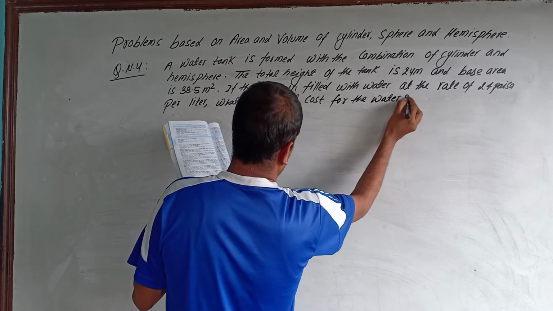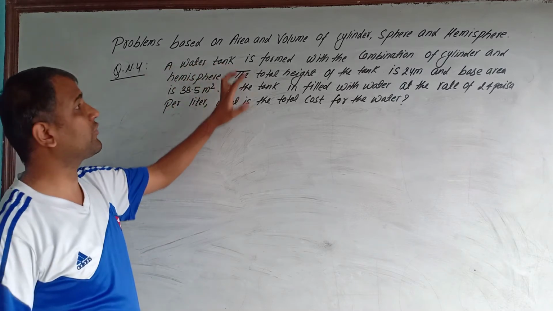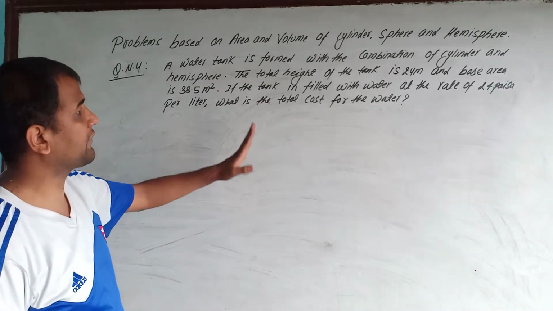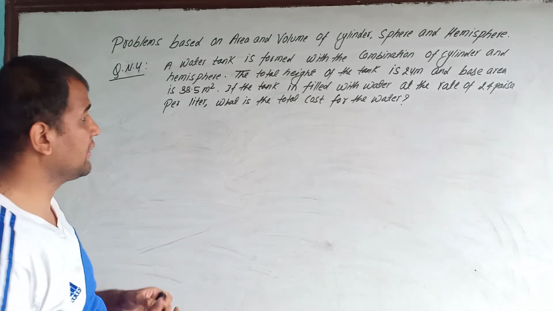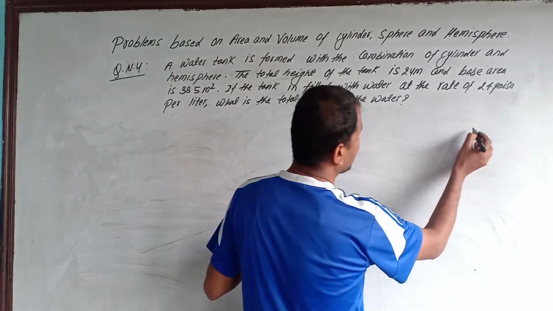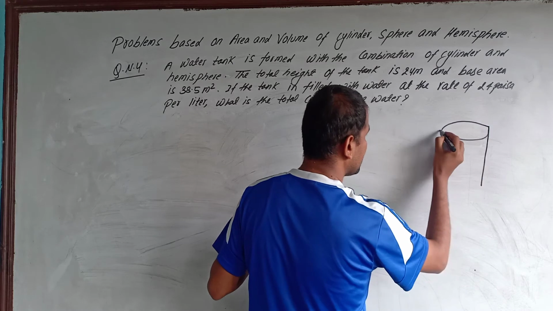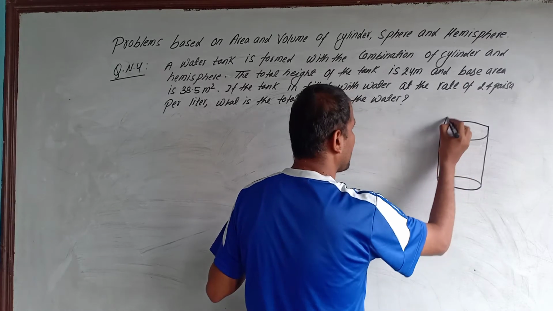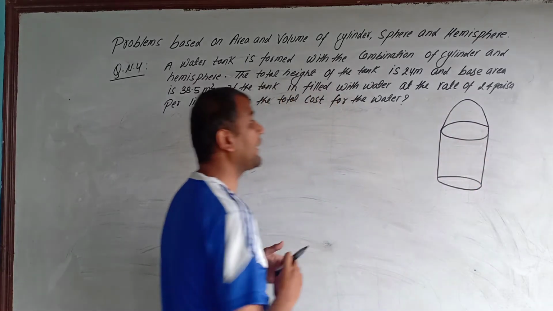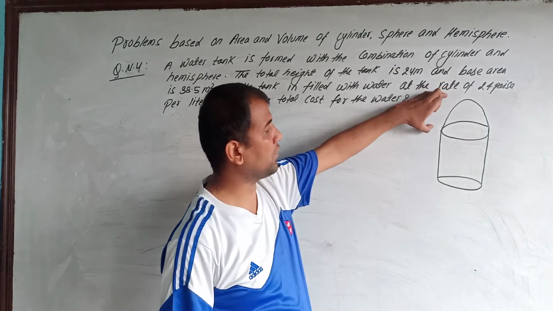This is our question. Here it is given that a water tank is formed with a combination of cylinder and hemisphere. It's better to do it by making a figure. So we make a figure here: there is one cylinder and at the end of the cylinder there is a hemisphere. There is one tank, the combination of one cylinder as well as one hemisphere.